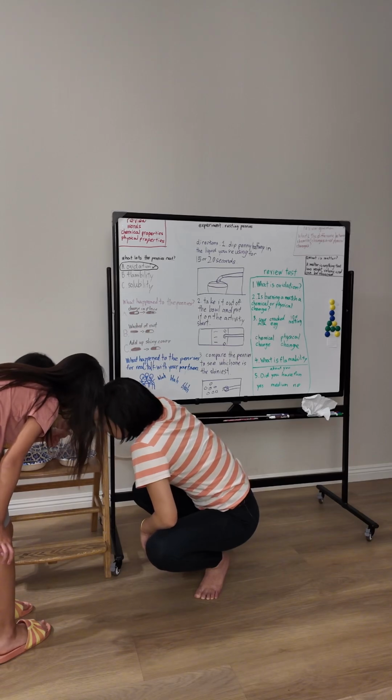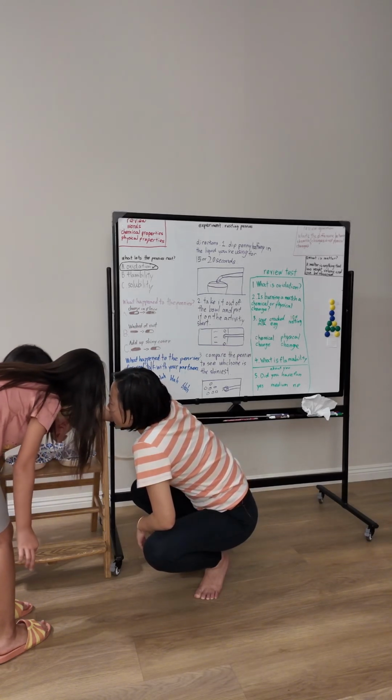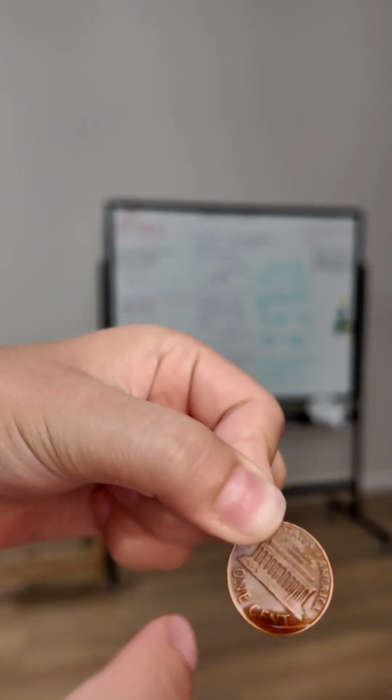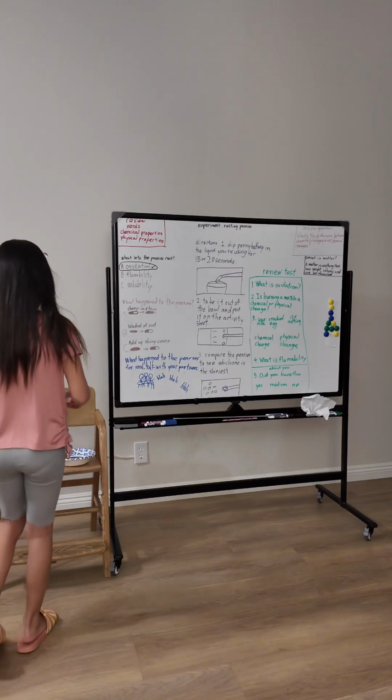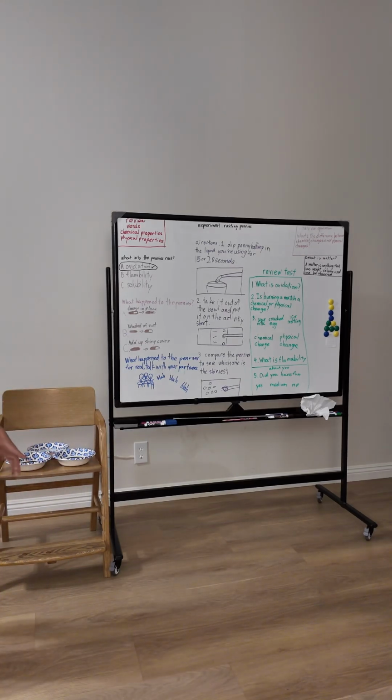Did it change? Whoa. Not really. It actually changed a little bit. It's shiny at the bottom, a little bit. Show me. Oh, a little bit, yeah. And then dull at the front. Okay, now we put the pennies down here. Last one, you have to come up for it.